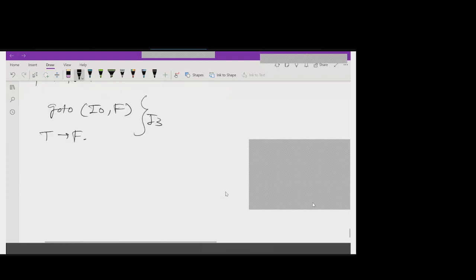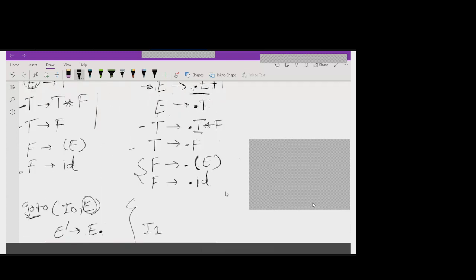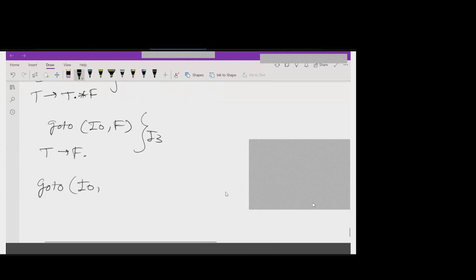Okay, now the next would be go to I0 comma what? Tell me, अभी क्या आया, I0 comma opening bracket, right? So it would be I0 comma opening bracket.